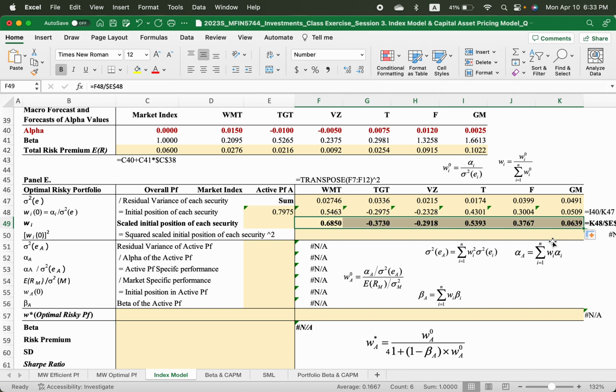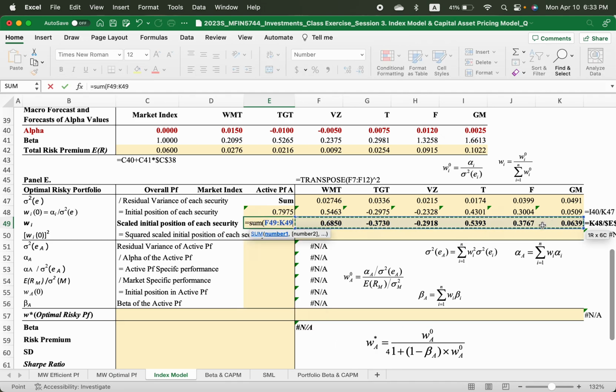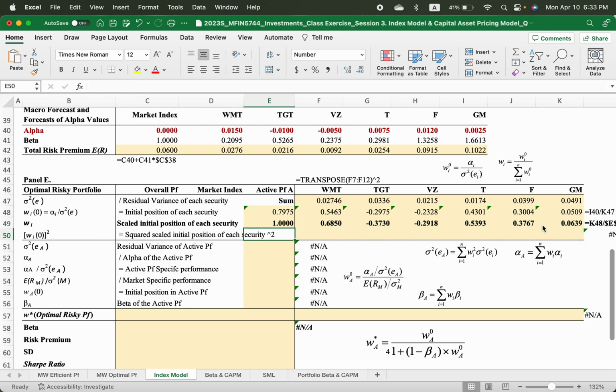So by doing so, this is finally the position in the weight of the total 100%. The sum of all this, the weight, must now be 100%. So using this initial position of each security of this residual part of the performance, we can get this 100% scaled initial position of each security.